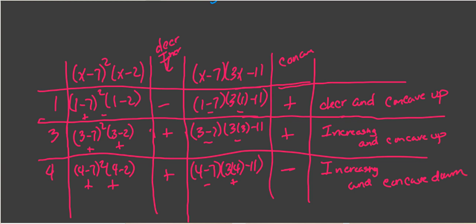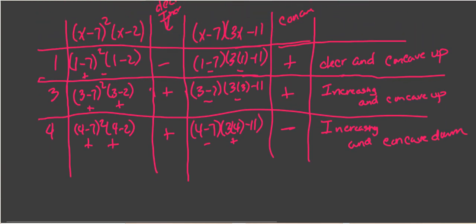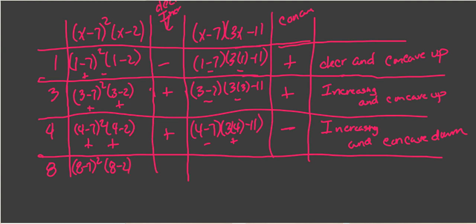All right. Then our last test point that we need to use is 8. If I use 8, then this will be 8 minus 7 squared times 8 minus 2. So this will be a positive times another positive, which gives us a positive.